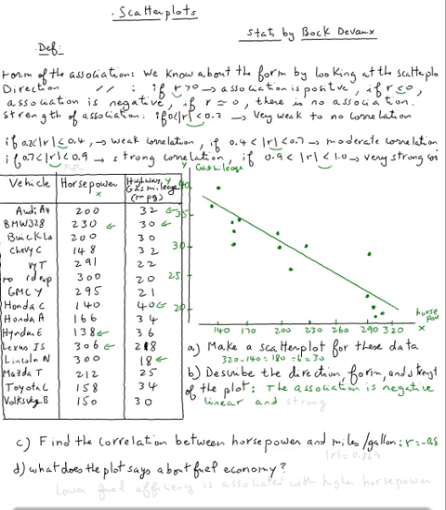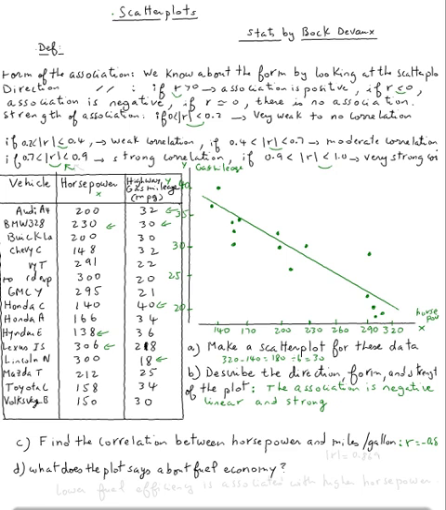So therefore it fits right here. It's between 0.7 and 0.9. So it's a strong correlation. So the association is strong.